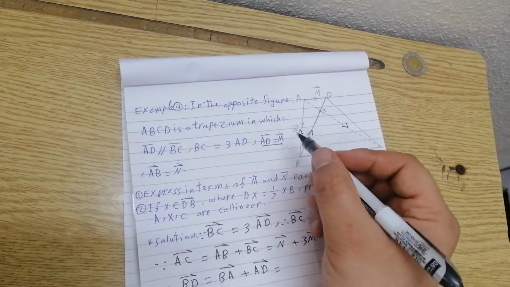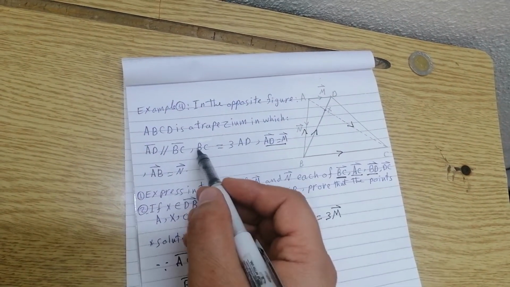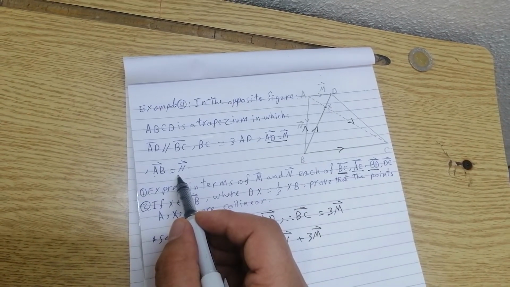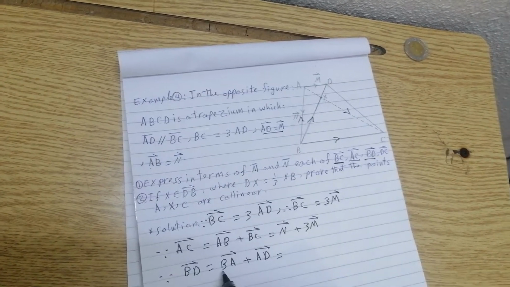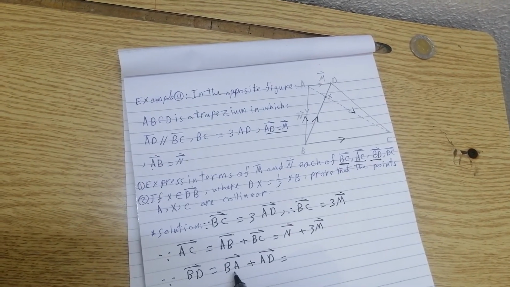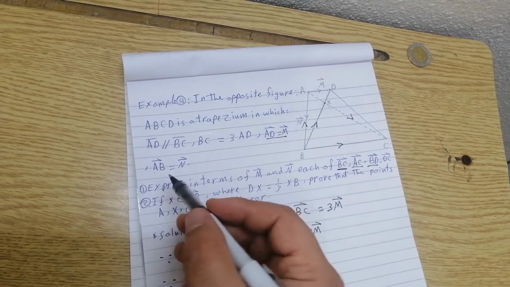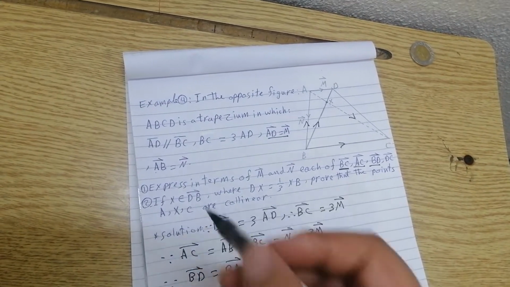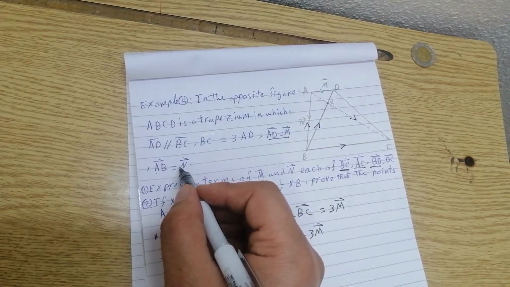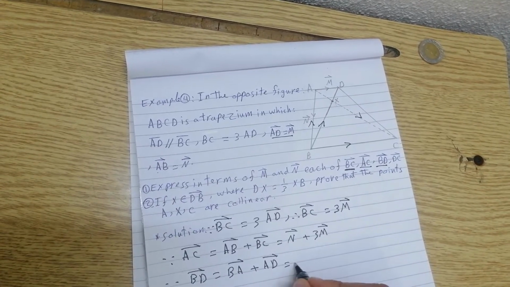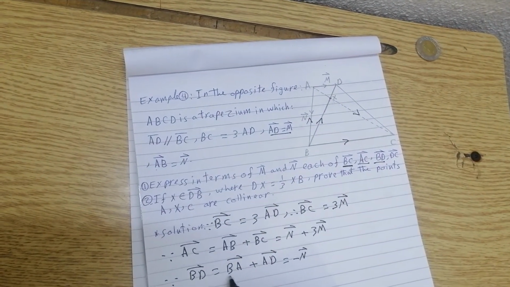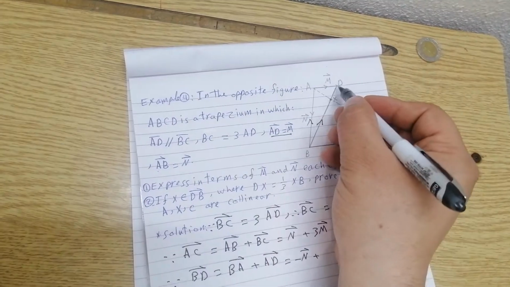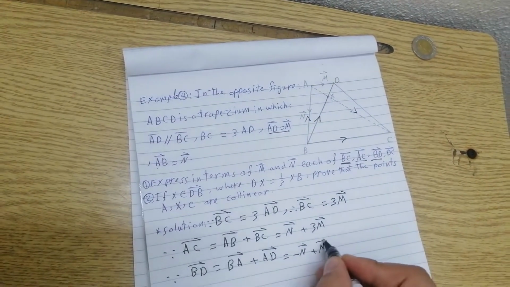BD equals BA vector plus AD vector. We have here AB vector equals n, but here it's not AB, it's BA. So we can reverse AB to BA, then we have negative n vector instead of the BA vector, plus AD, which is given as m vector.